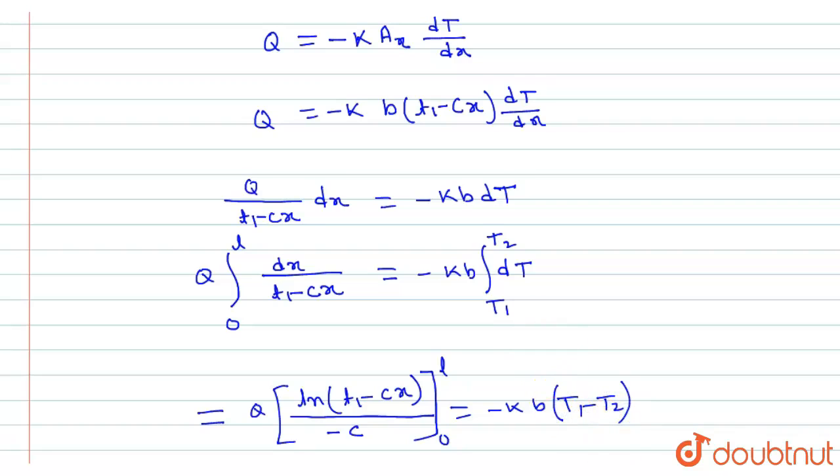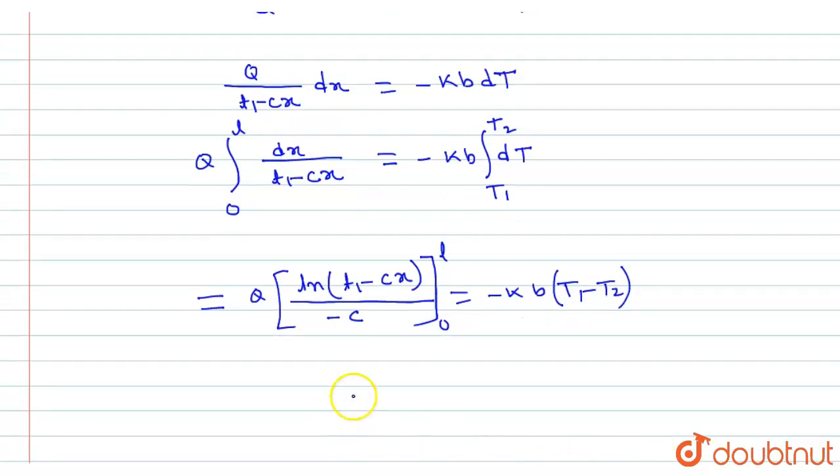Clear? Now from here we have to put upper limit minus lower limit. So this is equal to Q, and if we put L here, this is equal to ln, and minus C we can take common. Here, so this is ln (T1 minus CL) minus C into L. So T1 minus CL we can write.